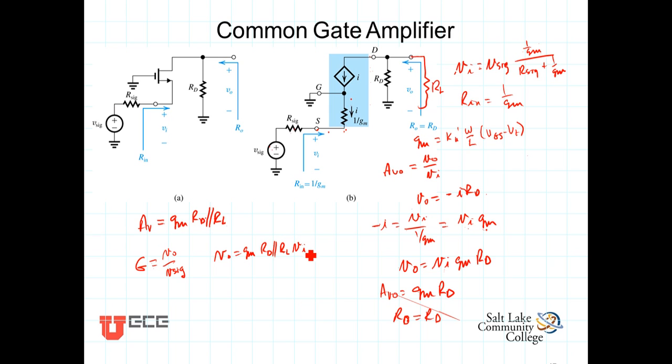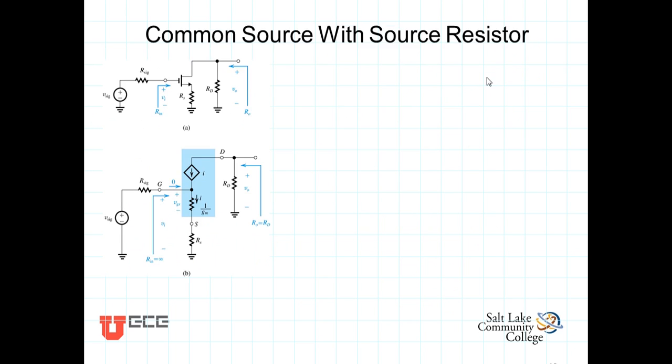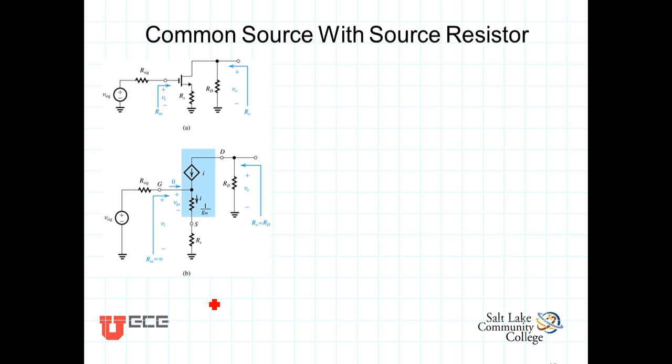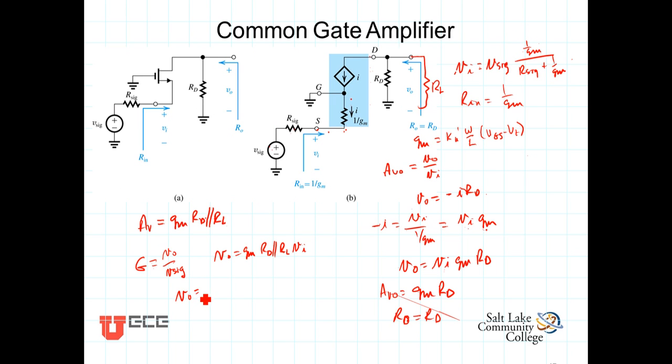We saw earlier that v_in is a subdivided portion of v_sig, so replacing v_in with that expression, we get v_out equal to v_sig times 1 over g_m over R_sig plus 1 over g_m, times g_m times R_D in parallel with R_L.